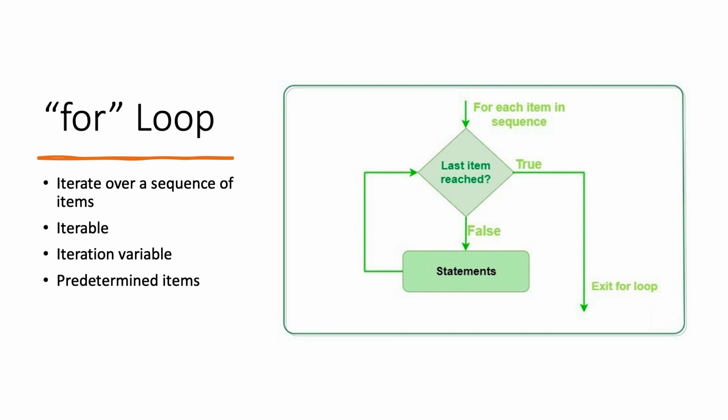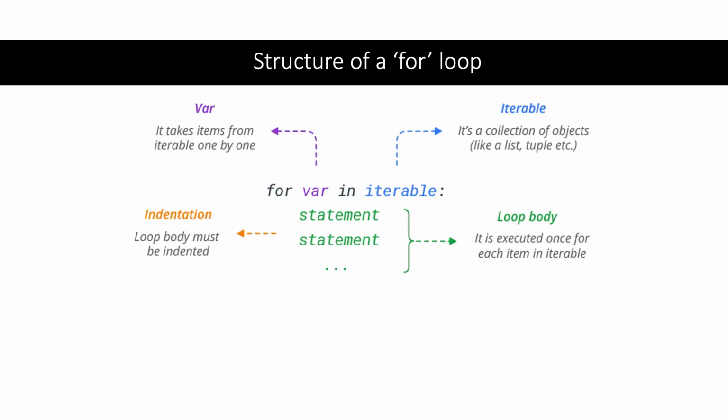Meaning, have we finished looping through all the items? If the answer is no, then we loop to the top, take the next item in our sequence of items, set it as the iteration variable, then run the indented code once again. However, if we have reached the last item in our sequence of items, then our iteration effort is done and we exit our loop.